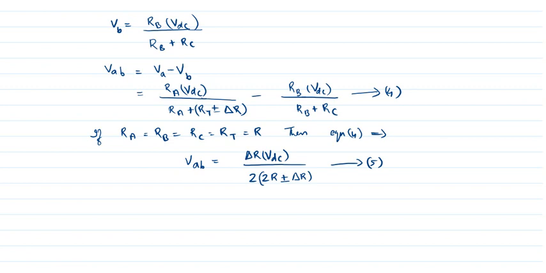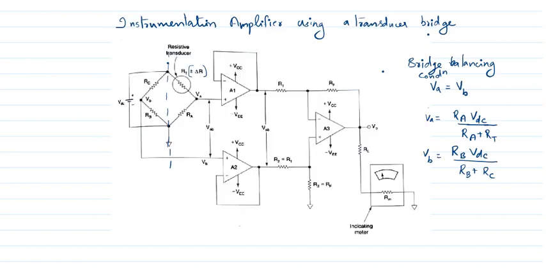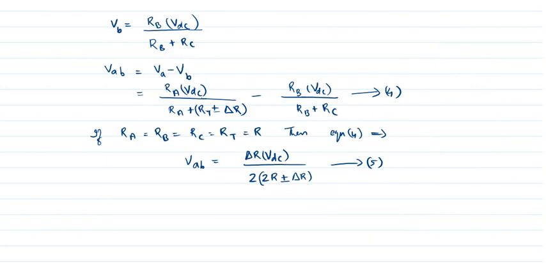So the output voltage of the circuit, V0, will be equal to VAB, that is the differential voltage, into minus RF by R1.